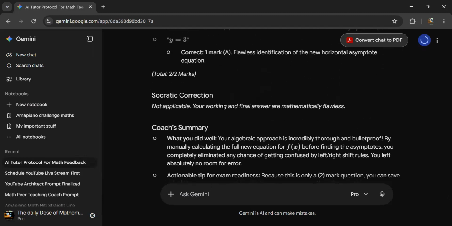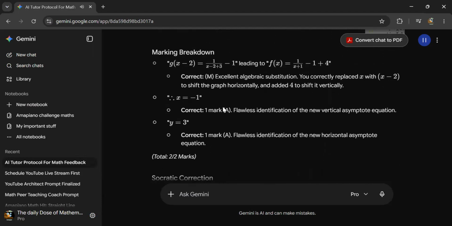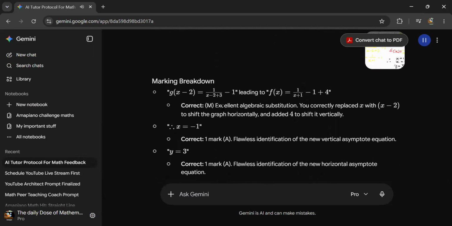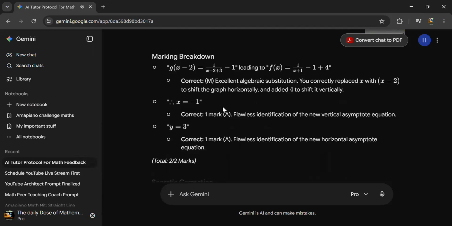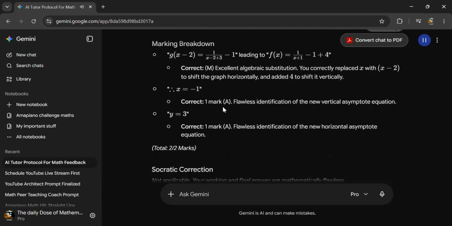Marking breakdown. g(x-2) equals 1 over (x-2+3), leading to f(x) equals 1 over (x+1) plus 4. Correct. M, excellent algebraic substitution. You correctly replaced x with x minus 2 to shift the graph horizontally, and added 4 to shift it vertically.